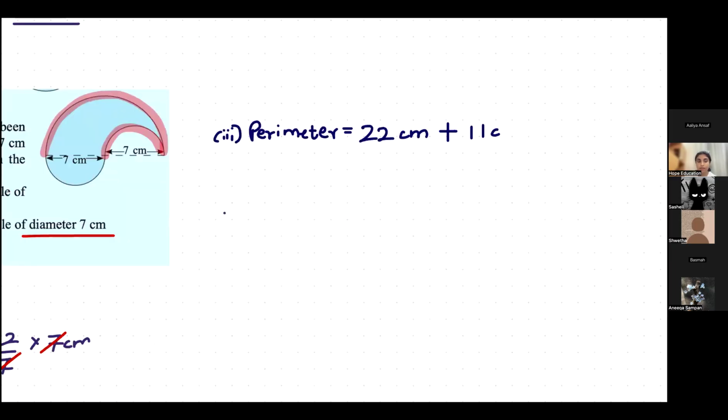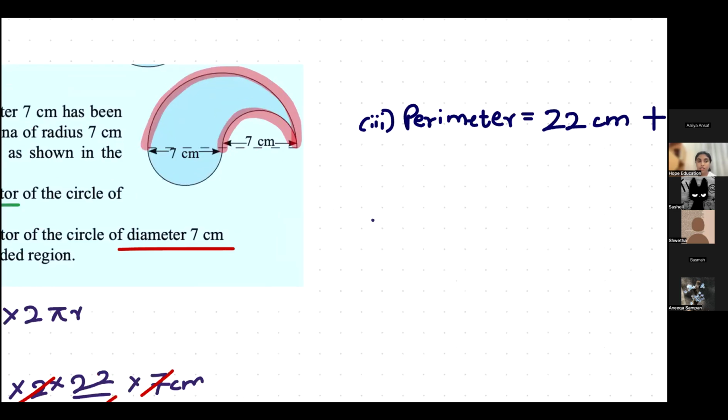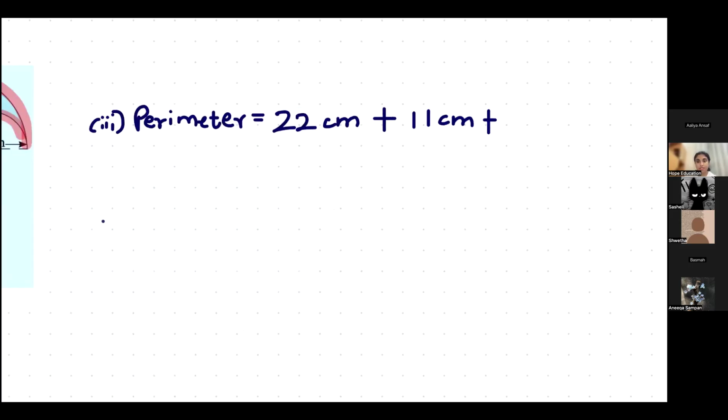Plus, look children, if you take this arc and this arc, they are identical, right? So if this is 11 centimeters, this should also be 11 centimeters. So 11 centimeters, 11 centimeters.